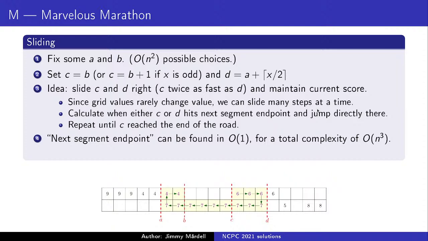So the implementation for this problem is quite a bit of a mess, and all of the judge solutions are quite long for this problem. So it takes some effort to implement.